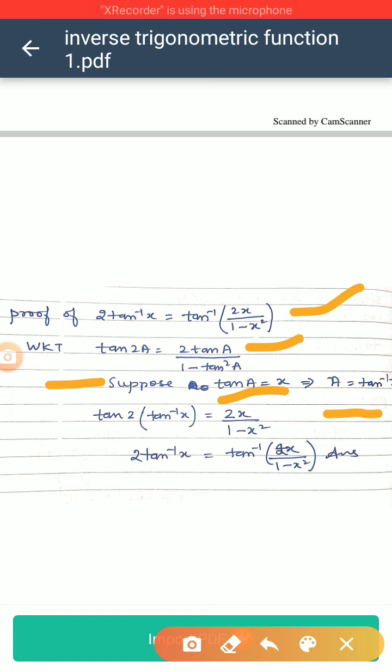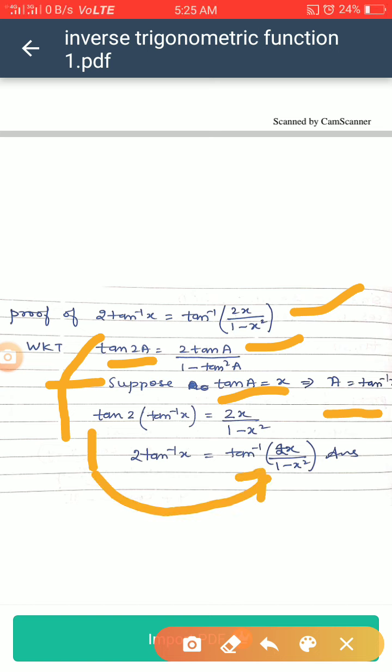Now you put this value in the formula. In tan 2a, in place of a we put tan inverse x, and on the right hand side 2 tan a is 2x and 1 minus x square. Now you transfer this tan to the right hand side, and you will get 2 tan inverse x equal to tan inverse 2x upon 1 minus x square.